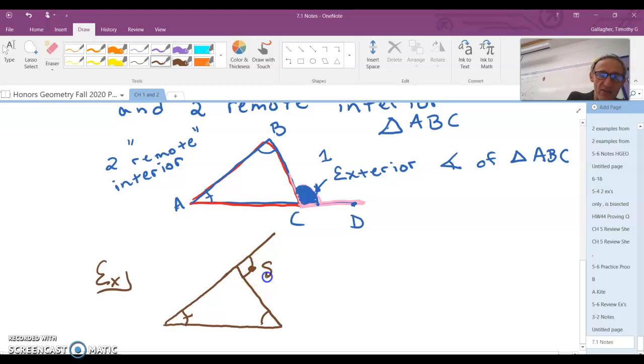Now, let's say this is 85 degrees, and this angle right here is 35 degrees.